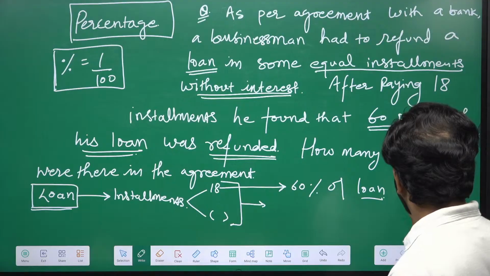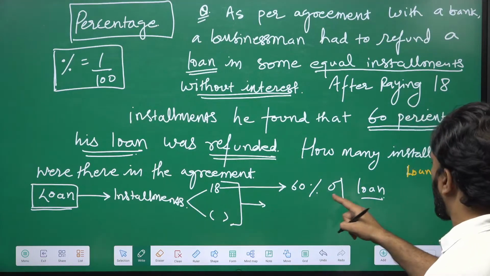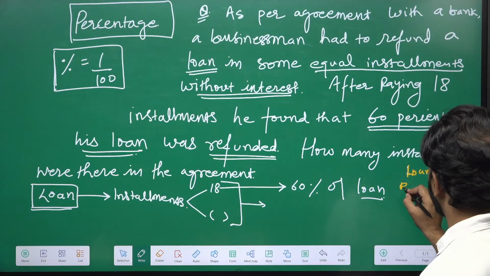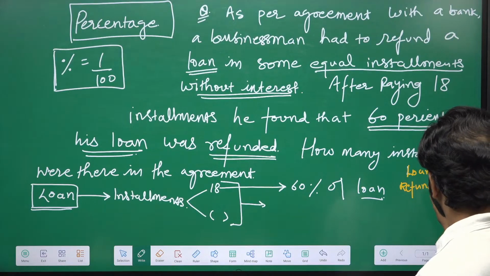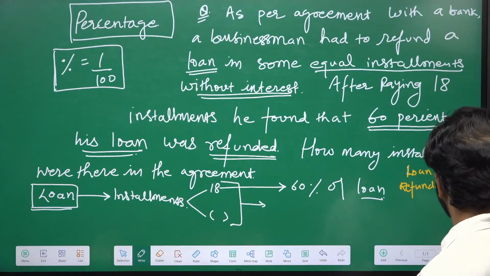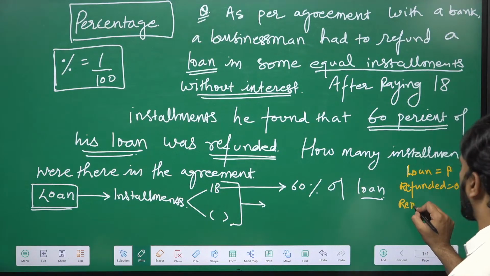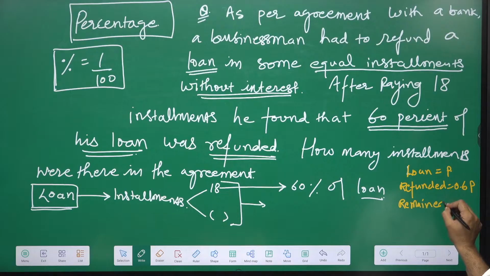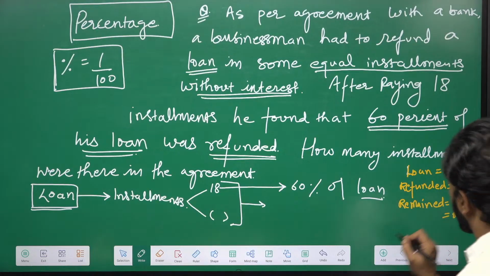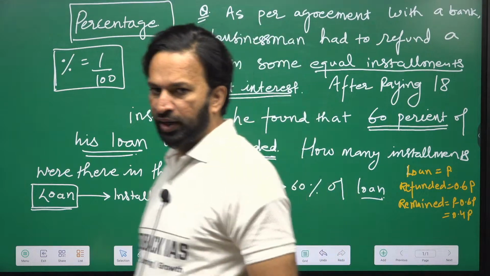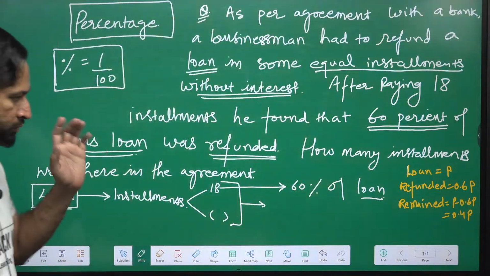So 60%, how much amount is refunded? 0.6 P. What remained? We will subtract this from P. P minus 0.6 P, that is 0.4 P. This is the first piece of information that we got.